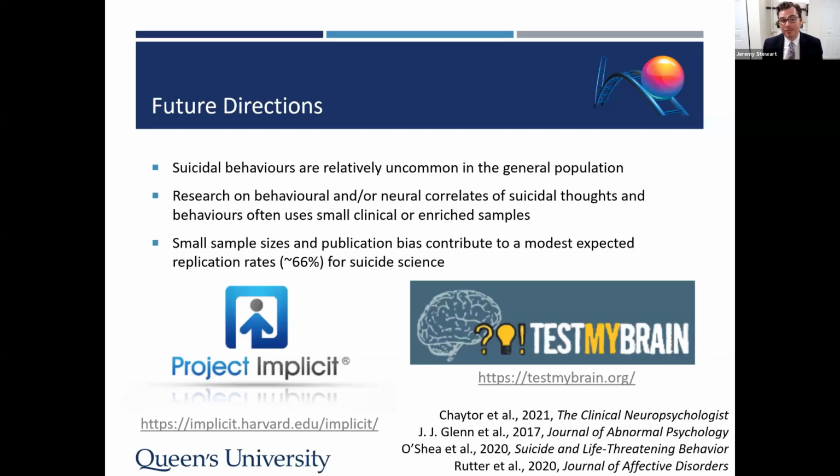We think, at least preliminarily, that this is quite feasible because of the success that other research groups have had with administering online behavioral tasks to large samples. For example, Project Implicit, which is led by Bethany Teachman, Matt Nock, and several others, actually administered a death-suicide version of the implicit association test to volunteers through their website. And I think that we could validate our MouseView task in a very similar way.